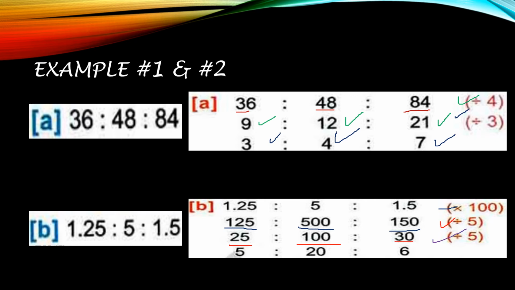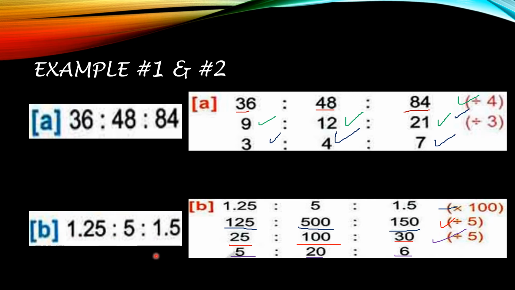So 25 divided by 5 is 5, 100 divided by 5 is 20, and 30 divided by 5 is 6. Are 5, 20, and 6 divisible by one number? No, they aren't. As you can see, 5 is a prime number, so they aren't divisible by any other numbers. So 5 to 20 to 6 is the simplest form of the ratio 1.25 to 5 to 1.5.